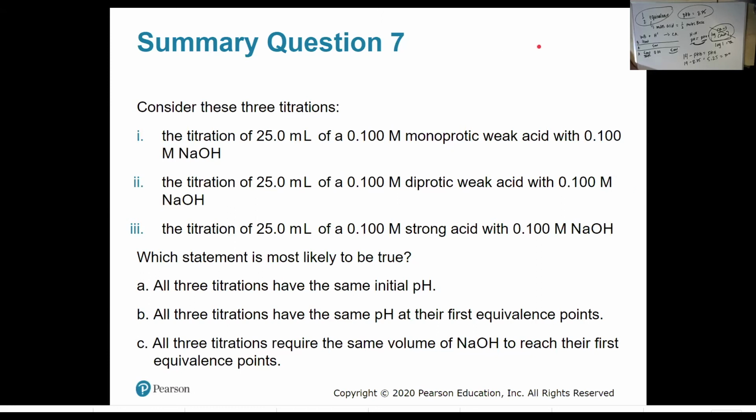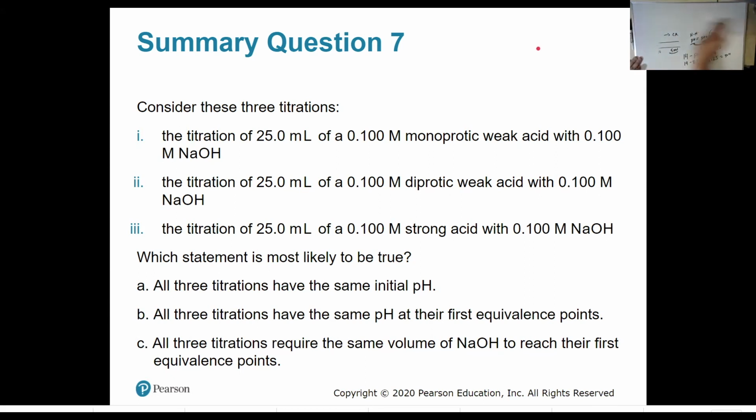Consider these titrations. The titration of 25 milliliters of a 0.1 molar monoprotic weak acid with 0.1 molar NaOH, then a diprotic weak acid with 0.1 molar NaOH, and then the titration of a 0.1 molar strong acid with 0.1 molar NaOH.